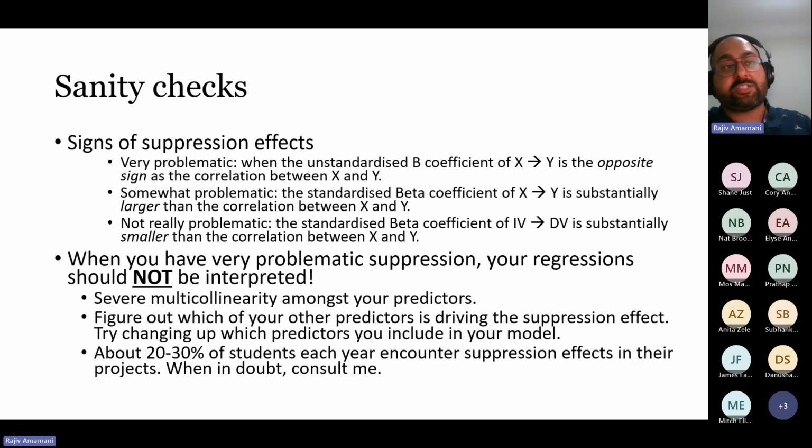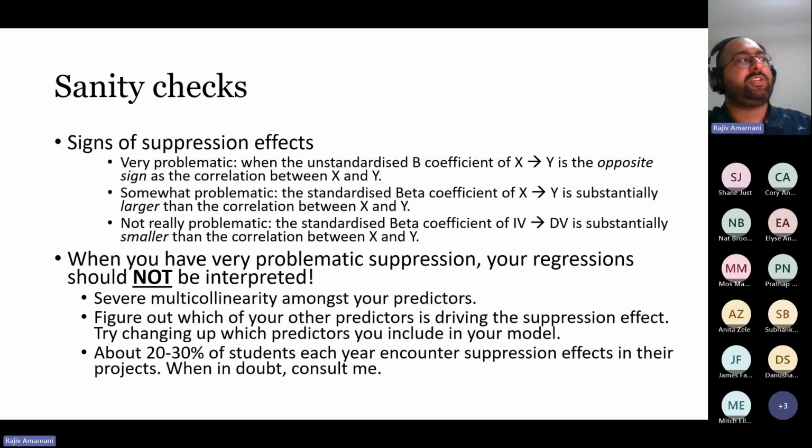So when I encounter suppression effects in my consulting, I have to stop and go, we're doing this all over, rethinking the model. Or sometimes, if there are only one or two suppression effects, I don't interpret the suppression effects. I go, nope, there's suppression effects. Those are not stable. I'm not going to interpret them. I'll interpret everything else.